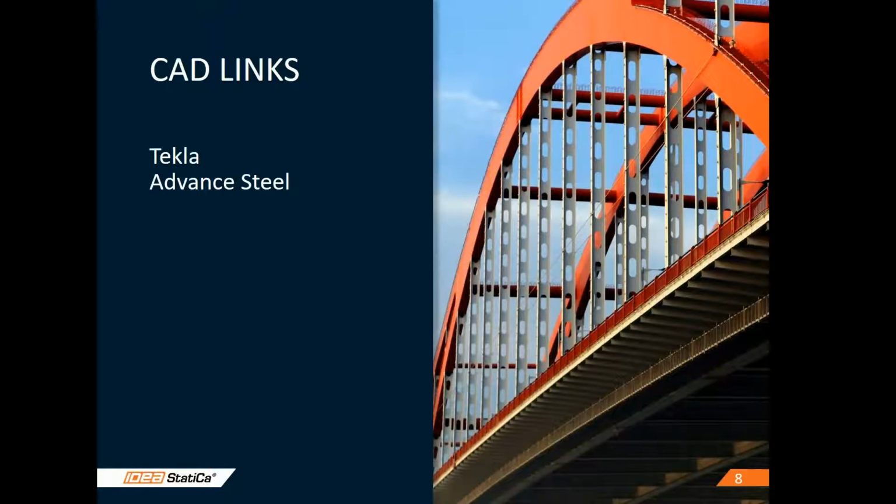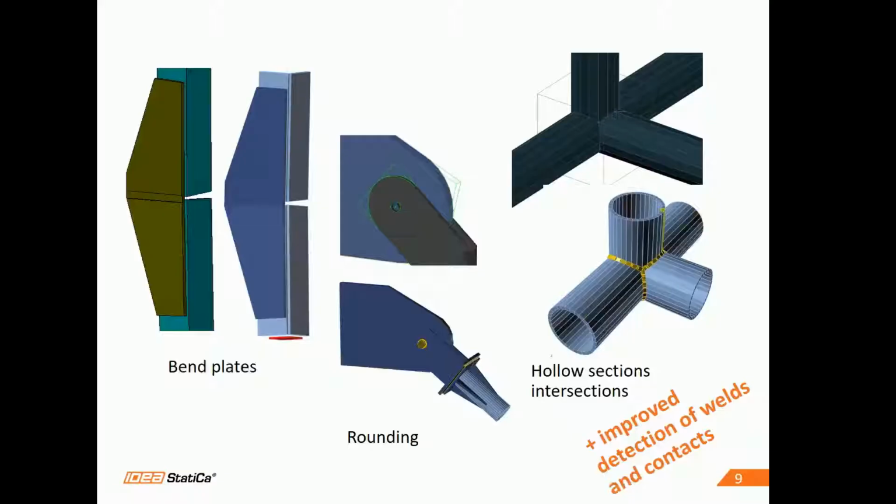Also, we spent a lot of time improving the CAD links for Tekla and Advanced Steel. We have no problems with importing bent plates. We improved rounding, so we can input fine, smooth plates for better modeling.